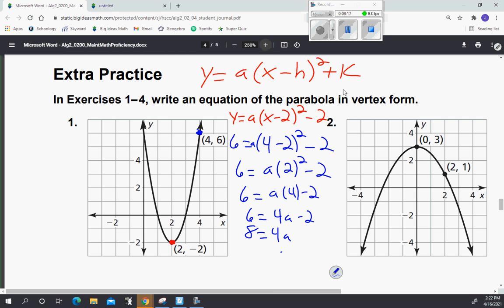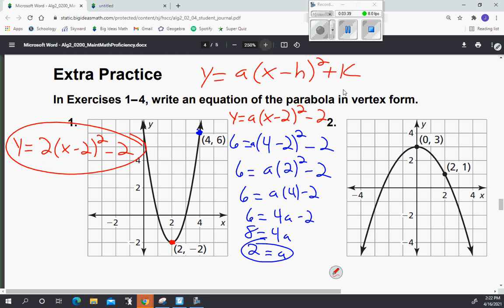Divide by 4. A equals 2. So my equation of this parabola here is y equals 2 times x minus 2 squared minus 2. That is my final equation.